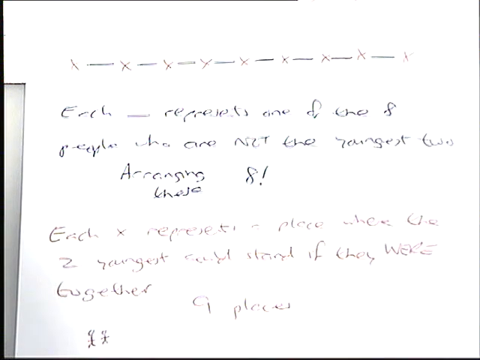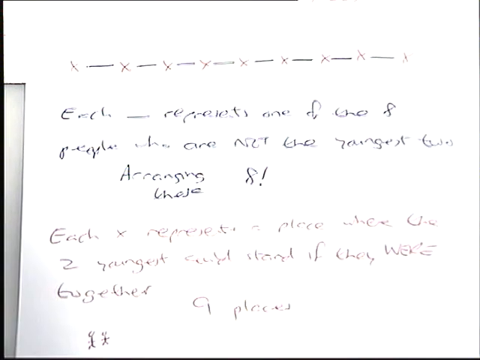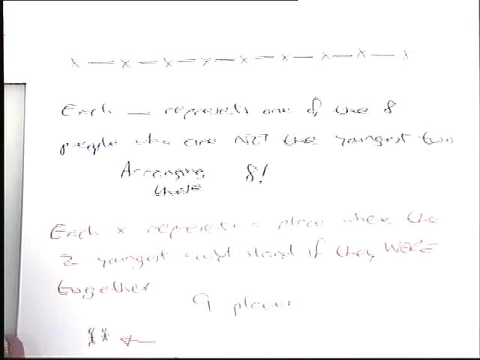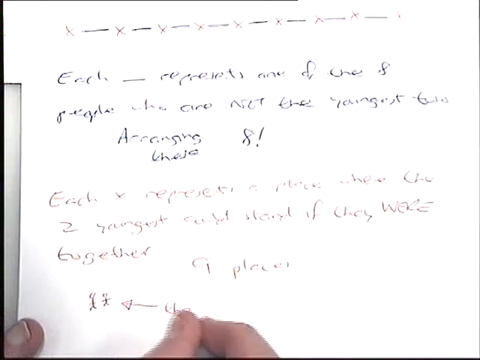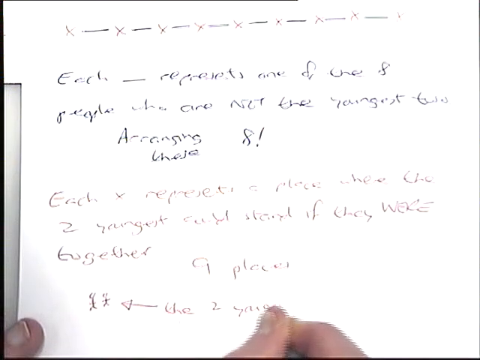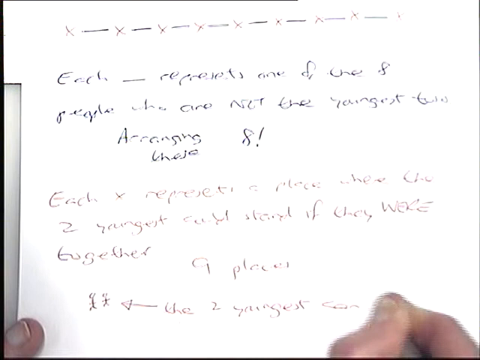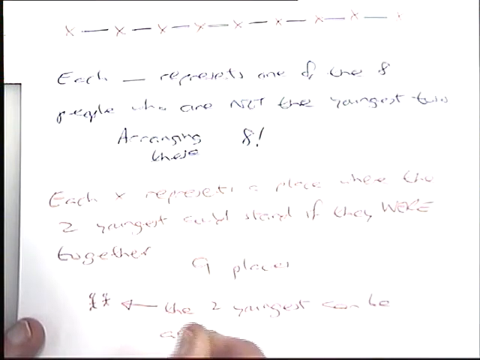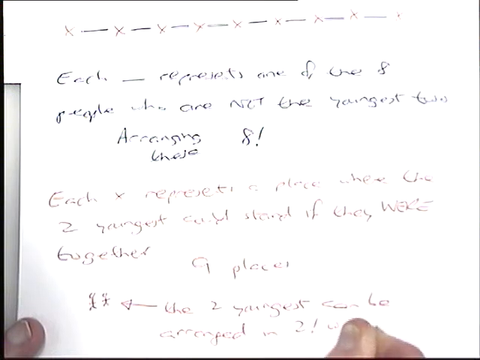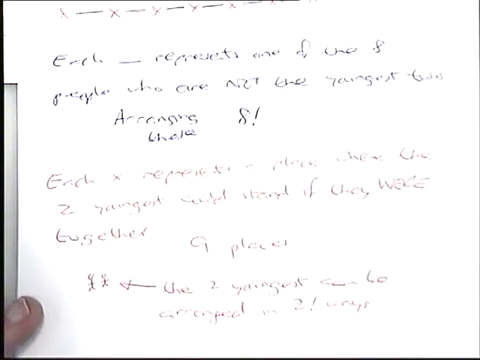But the 2 youngest people are different people. There are 2 of them. So they in themselves can be arranged in how many ways? 2. Yeah, 2 factorial, which is the same as 2. So the 2 youngest can be arranged in 2 factorial ways.